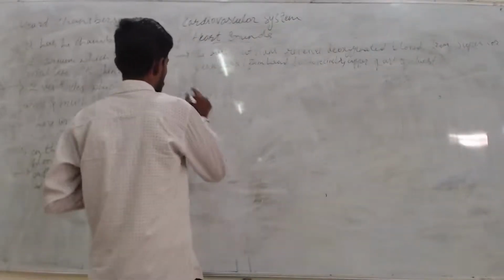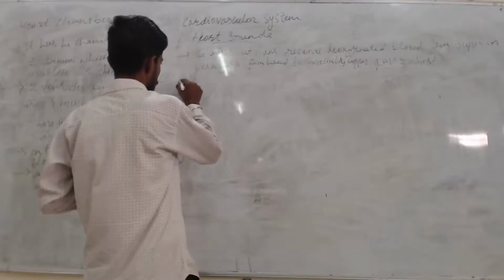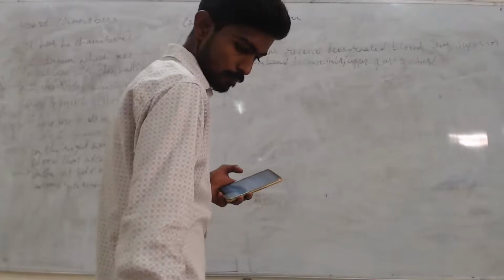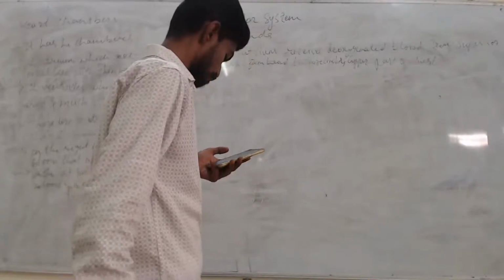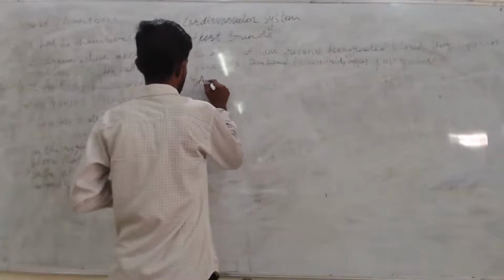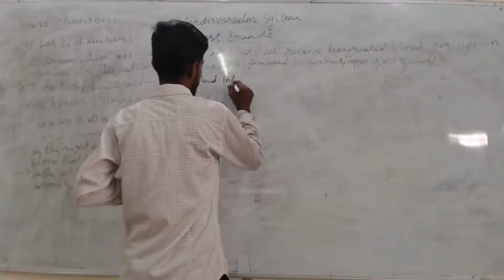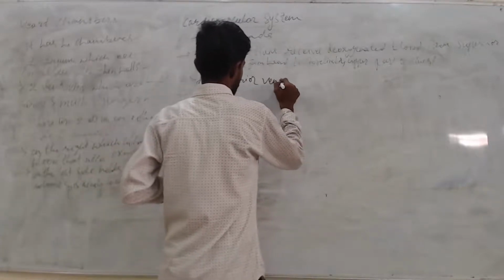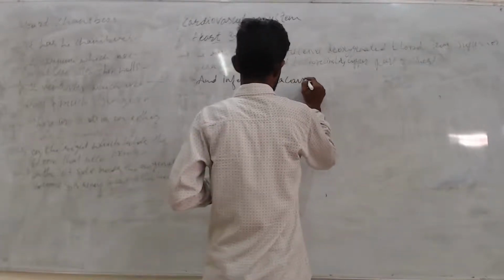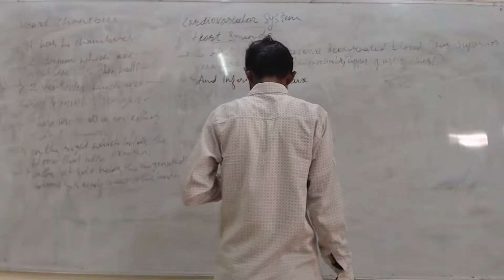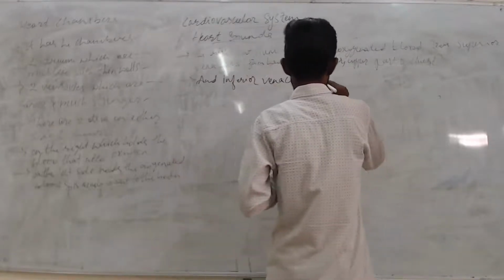And the inferior vena cava, from the lower part of the trunk and limbs.